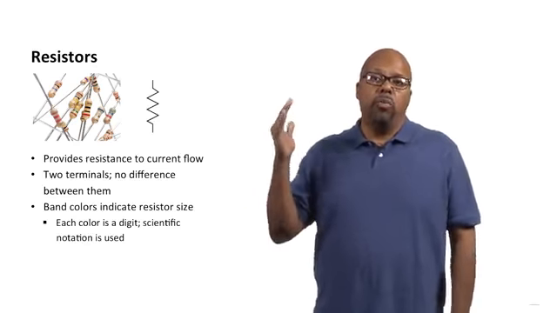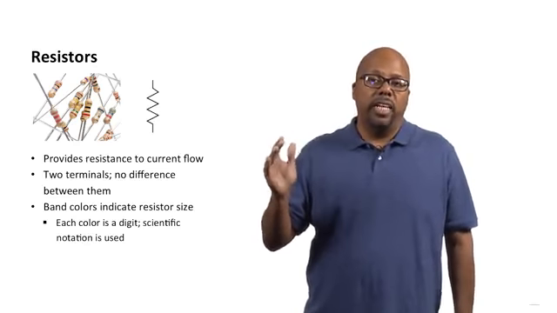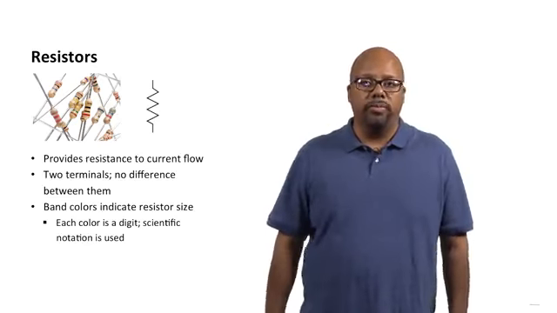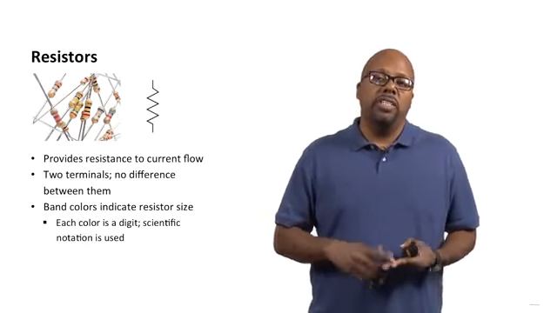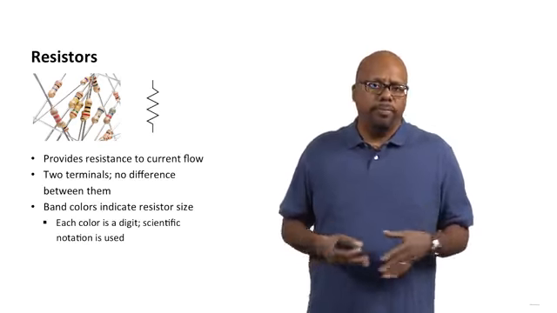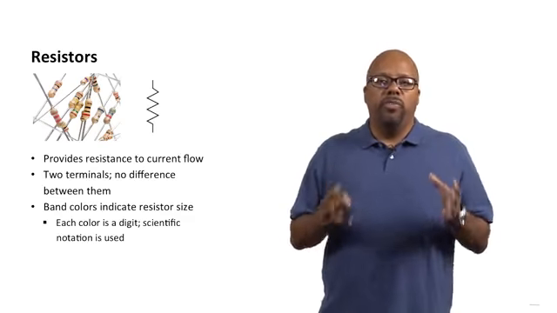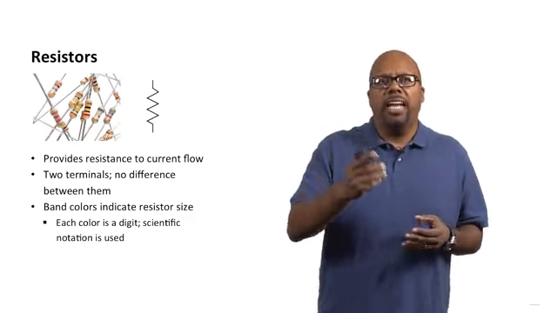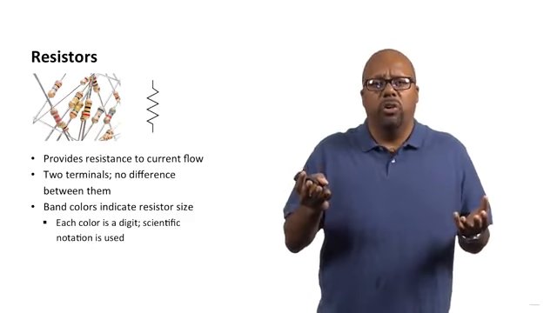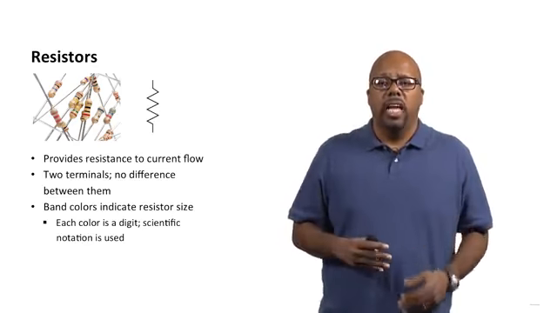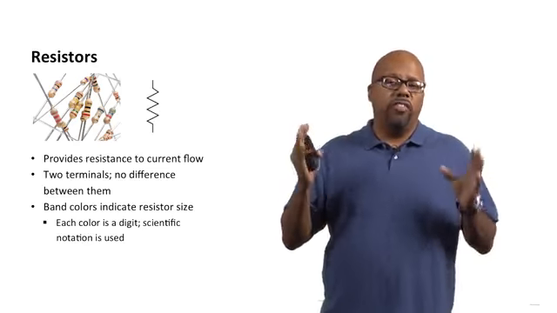So there's one band at one end that tells how accurate the value is on the resistor. For the other bands, each band represents a digit. If you were to Google resistor color codes, you would see tables where black is, I believe, a 0, and brown is a 1. Every color is a digit. Say you've got a 4-band resistor.